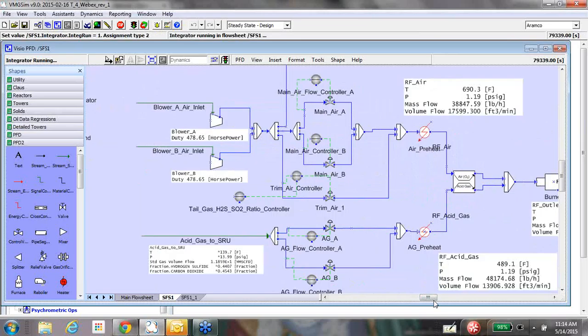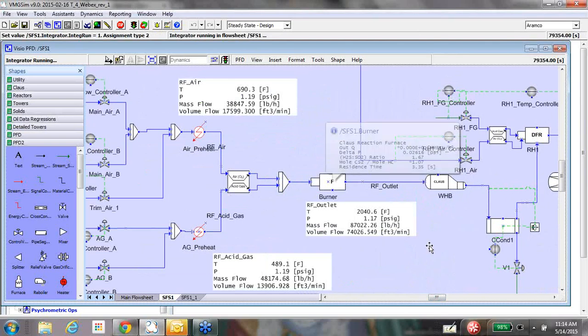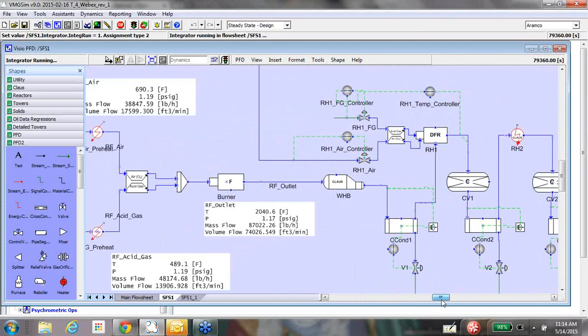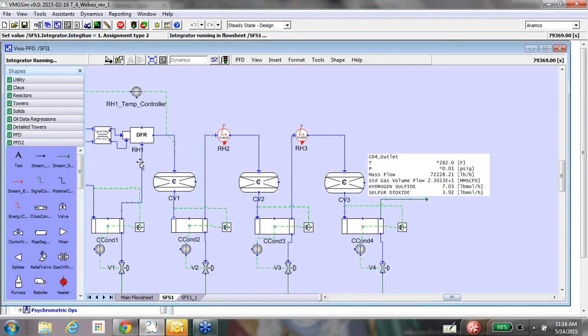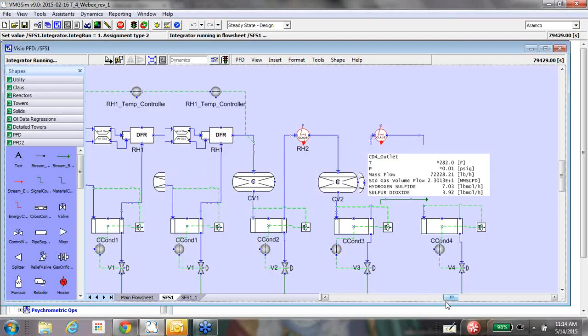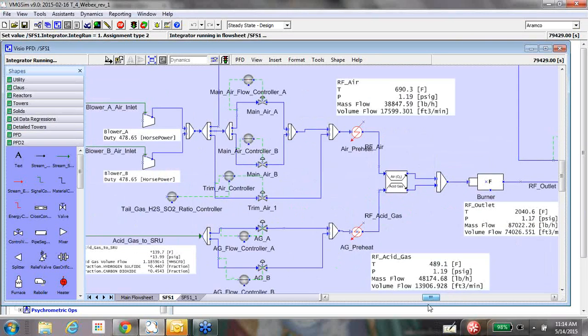Here is the reaction furnace. The steam boiler is followed by the three Claus catalytic converters, where the first one has a direct-fired reheater and the remaining two converters have indirect reheaters. Furthermore, we'll go into more detail as we go further on these cases.